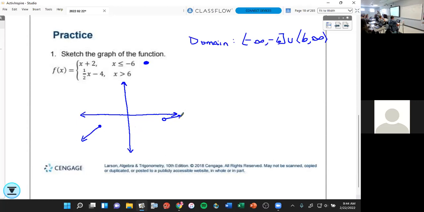Remember when we graphed these, I said, okay, let's ignore that and just graph the line, right? And then you would graph the line on your graph paper and then erase, right? And then all I had to remember is, open circle, closed circle.